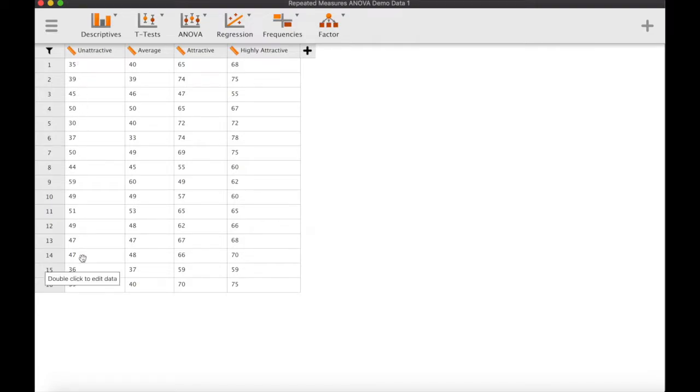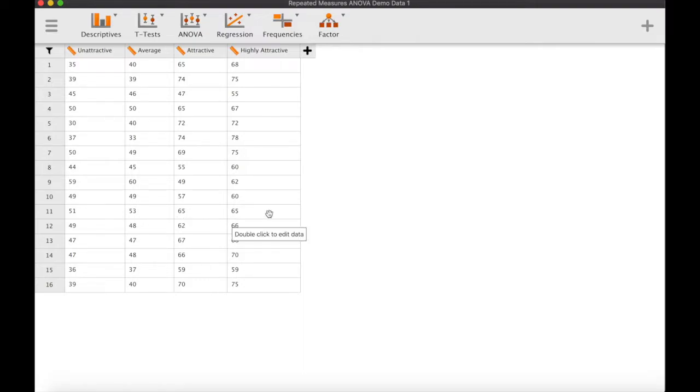So measured once in terms of social desirability, repeat the measurement again after showing the average attractive photograph, measured again, and then measured finally after being shown the highly attractive person in the photograph. And we want to see if the variation in these levels of attractiveness coincide with the average ratings that they gave for the photographs.